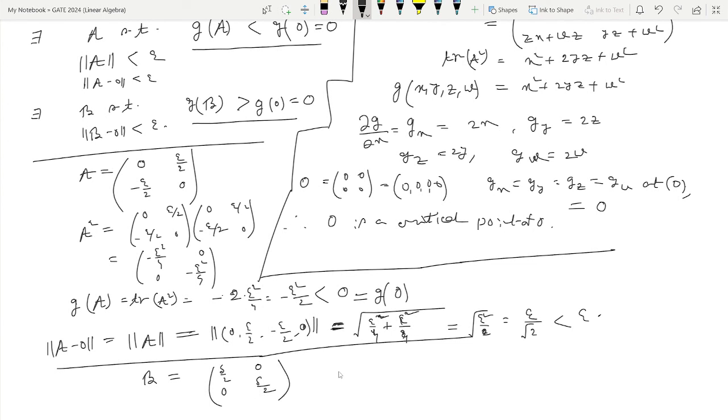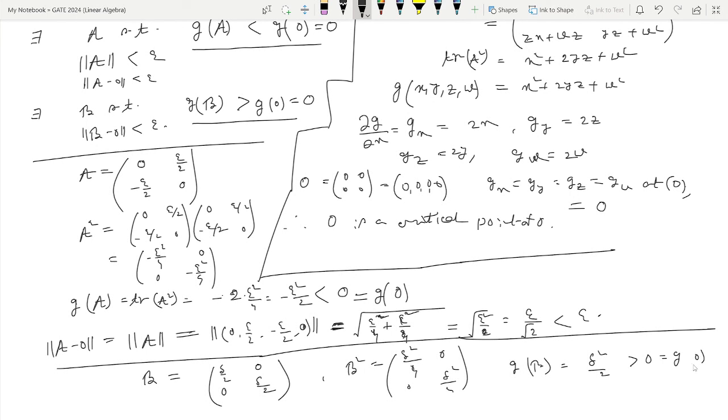So then clearly we have this B square will be delta square by 4, 0, 0, delta square by 4, and clearly we have this GB equal to trace B square, that is delta square by 2, clearly greater than 0, that is equal to G0.